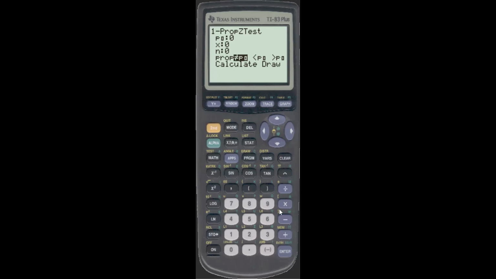And you're filling in the information. So p0 is from the null hypothesis. In your case, x is 21 over 300. And notice you do have to describe whether it's left-tailed, right-tailed, or two-tailed. It will calculate and draw. I don't know if you ever tried Draw.